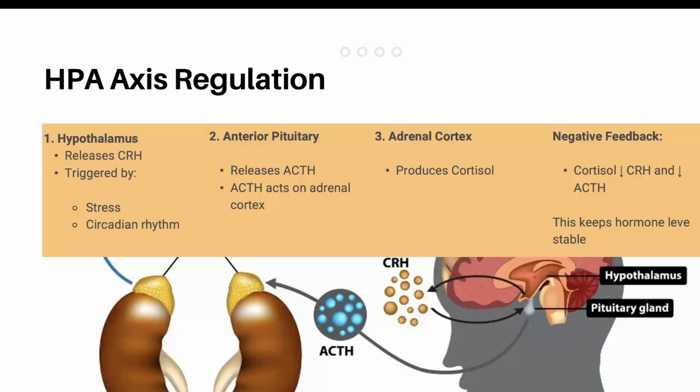When the level of cortisol increases in the blood, it inhibits the hypothalamic activity. Inhibiting hypothalamic activity leads to inhibiting the anterior pituitary gland activity, which inhibits activation of the adrenal cortex, so no more cortisol will be synthesized and released, and vice versa.